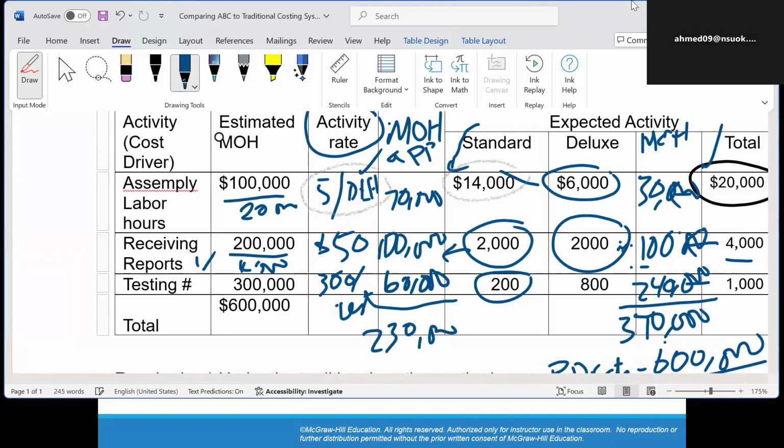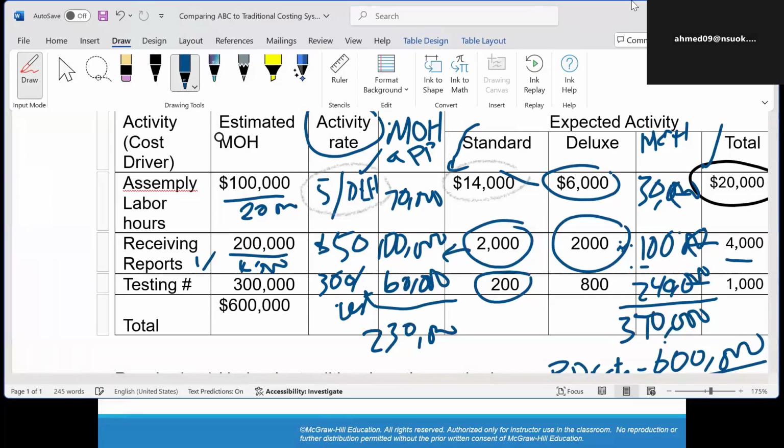We are interested in material plus labor plus MOH per unit, and we will divide by the number of units. The number of units is given to us.